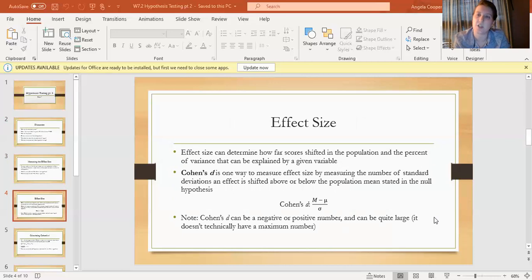It's going to slightly shift in terms of what it means for the population mean and the sample mean, but for the most part, the premise is the same. It's just the number of standard deviations apart that our two means are. So we have our mean of 14 for the population, and a mean of 15.5 for our vegan sample.